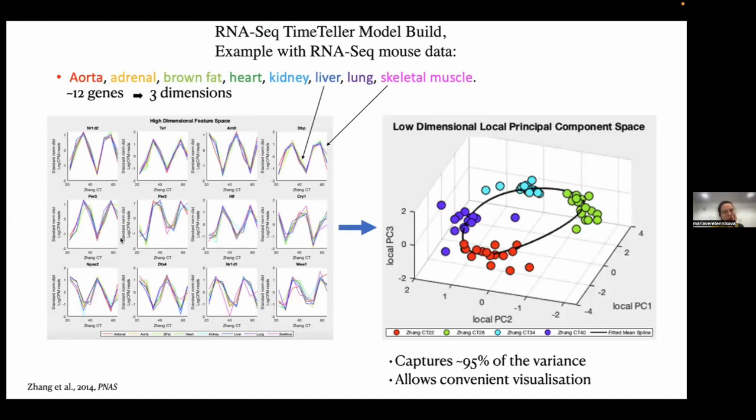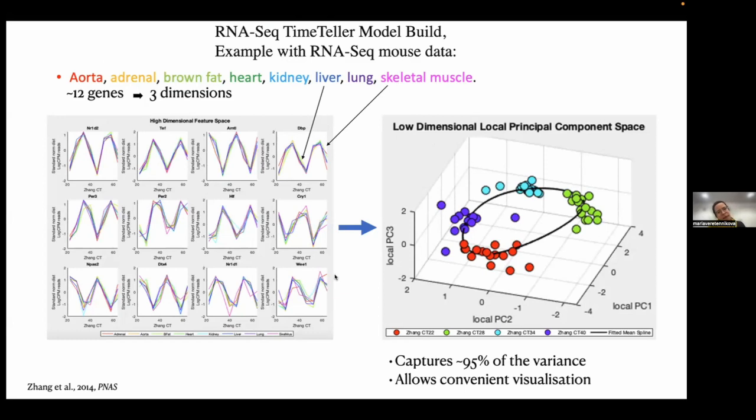When I say core, that means I'm taking the genes that are commonly rhythmic in the majority of tissues, because if you take a specific organ, for example lung, there could be a different gene that is very specific to lung that also contributes to the biological clock of lung.